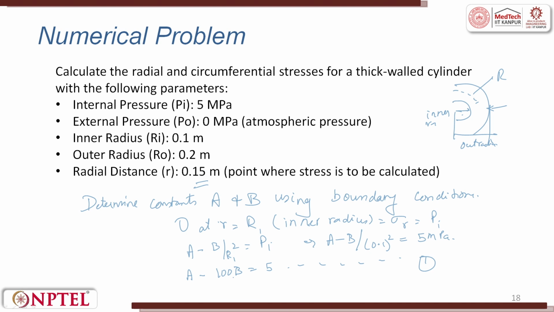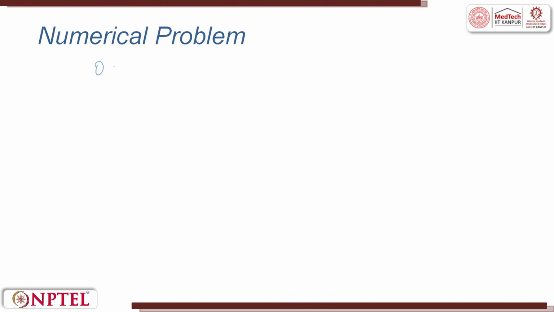So when we try to solve it, A minus 100B is equal to 5 becomes the first equation. So now at r equal to R naught, where it is the outer radius. We are doing it for inner radius and we are doing it for outer radius. So that is sigma r equal to P naught.